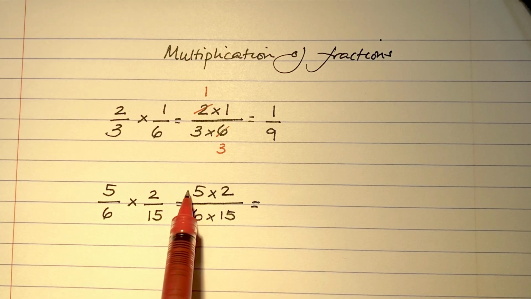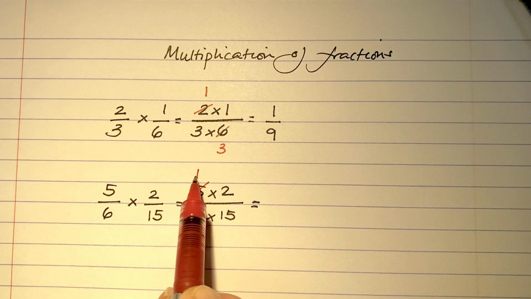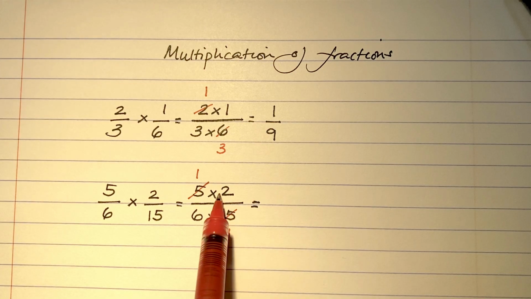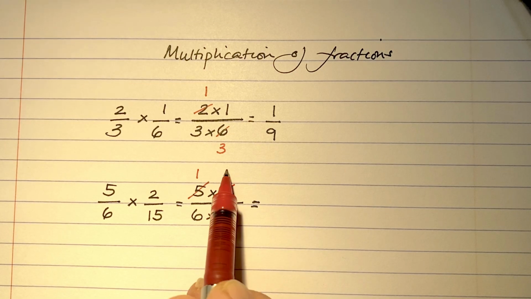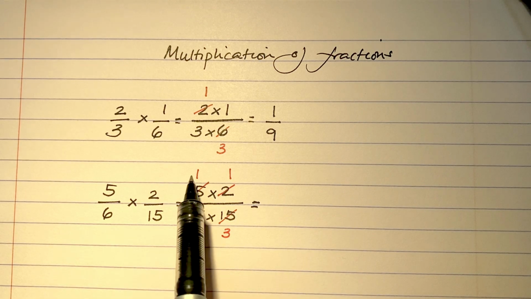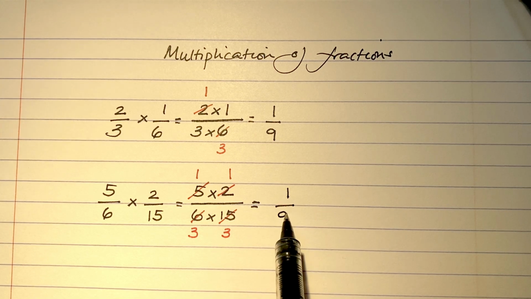Now, any top number with any bottom number. Yes, 5 and 15 can cancel. 5 into 5 once, 5 into 15 3 times. 2 and 6 can cancel. 2 into 2 once, 2 into 6 3 times. So here we have 1 times 1, which is 1, and 3 times 3, 9.